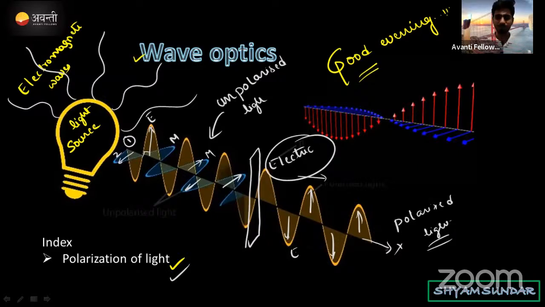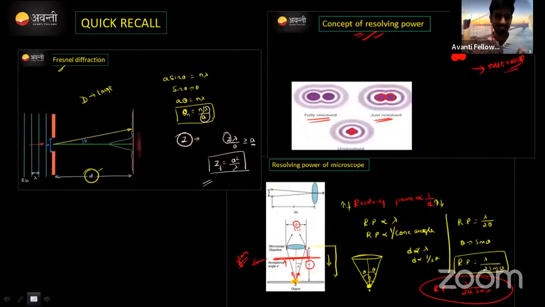Before taking this topic, let us take a quick recap of what we discussed in the previous class. Previous class में क्या-क्या discuss किया था हम? Diffraction of light discuss किया था. Sorry, this diffraction of light is over. Later on, we discussed the Fresnel diffraction. Fresnel diffraction क्या होता है? Actually, same diffraction होता है, but here Fresnel diffraction. This is a screen, right?